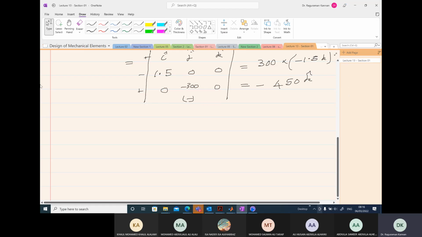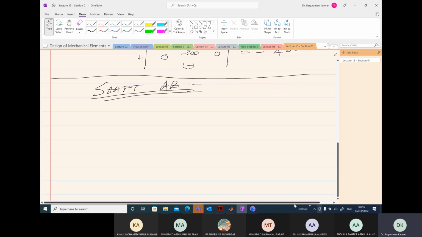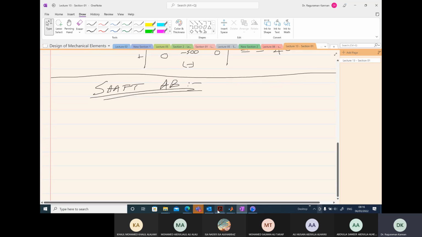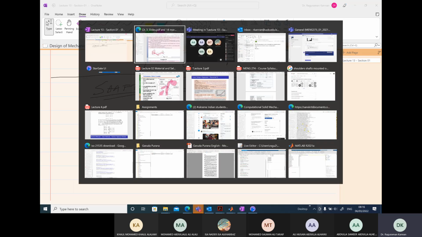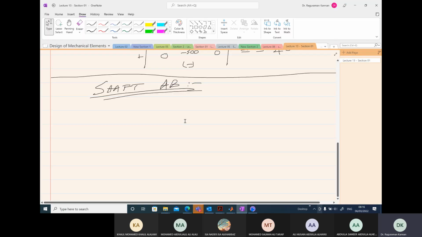Let's go for the free body diagram for shaft AB. So AB is along the X direction. Draw the shaft.